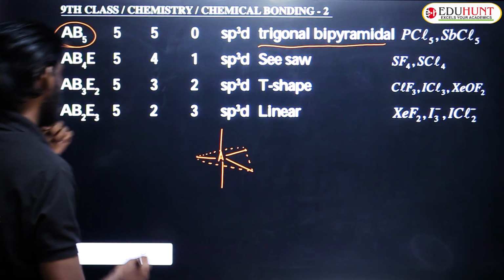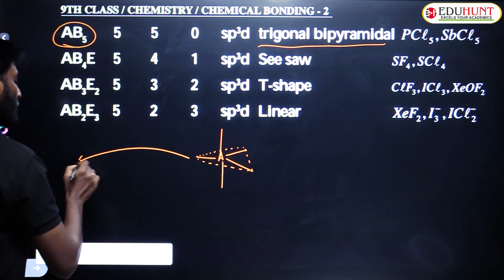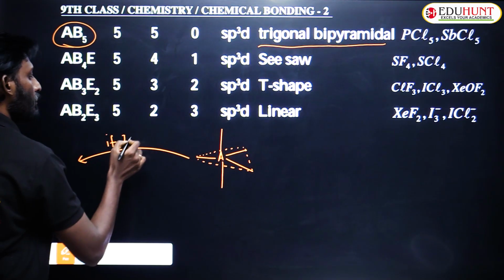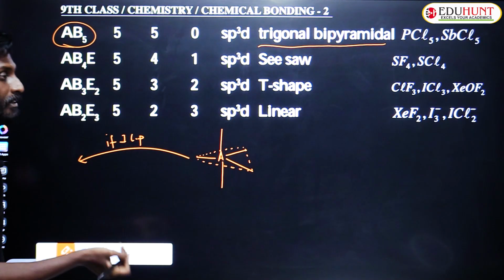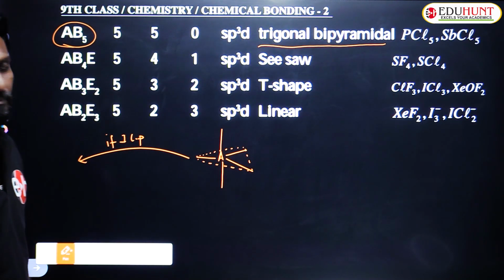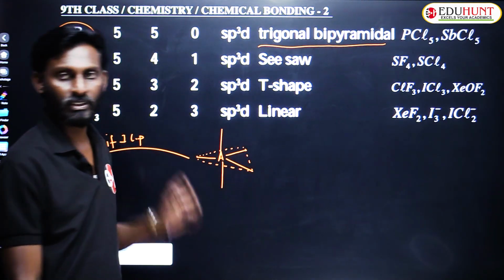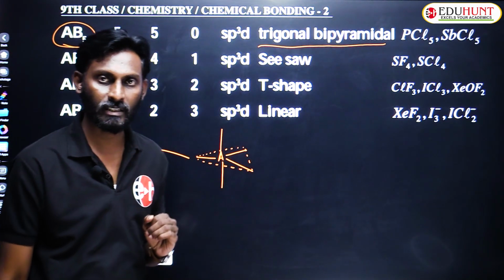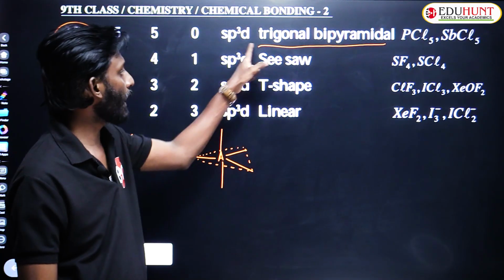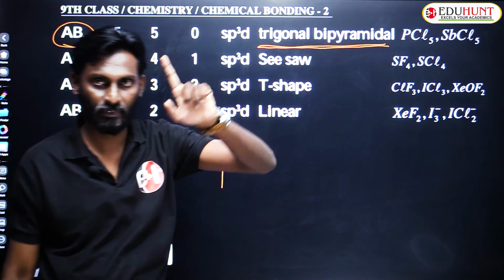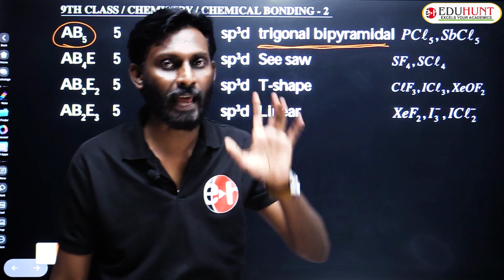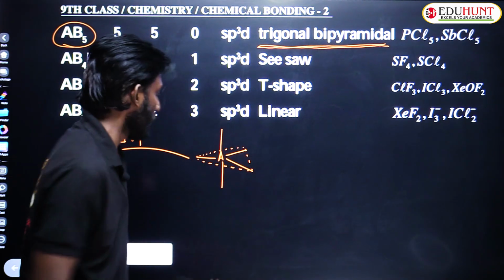Now the question: what happens if there is one lone pair? Here the point is, among these 5 positions, all the 5 positions in trigonal bipyramidal are not the same.